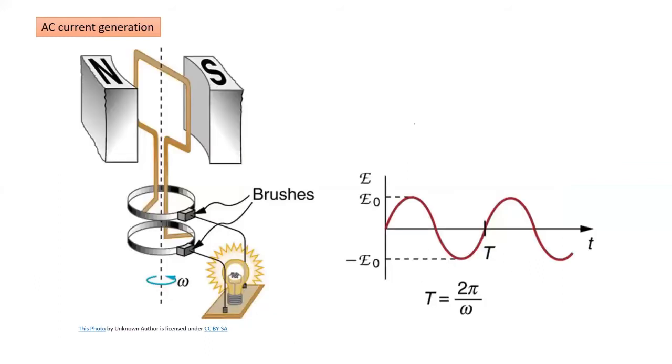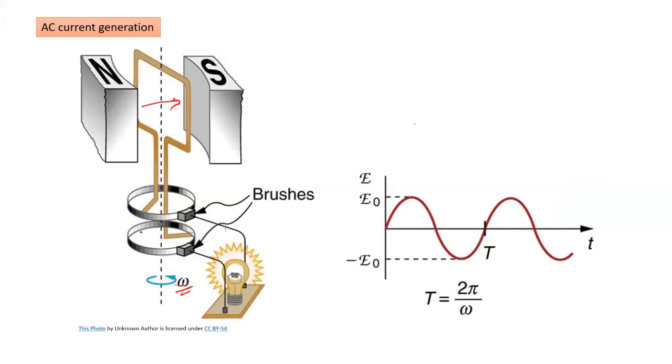Then we have already discussed alternating current generation, where there is a motor which will rotate the coil, and we know that there is a magnetic field from north pole to south pole. Now, whenever a coil rotates in a magnetic field, it will generate current in the coil.